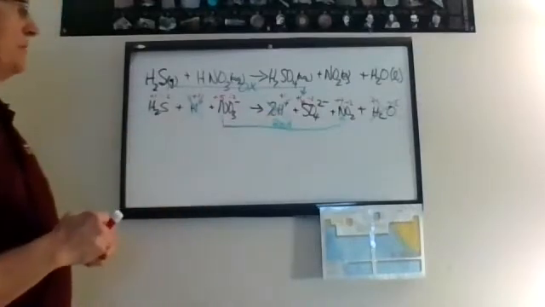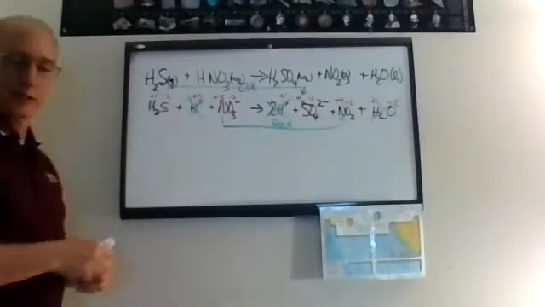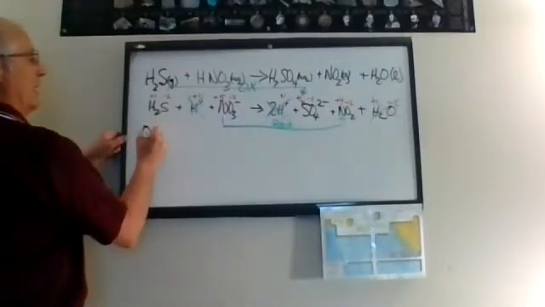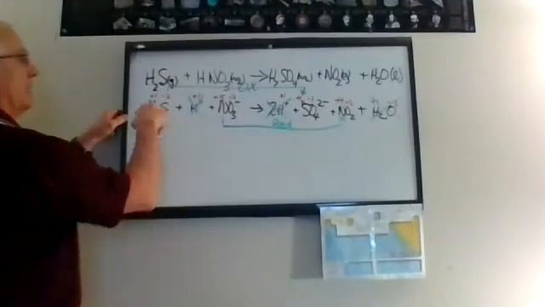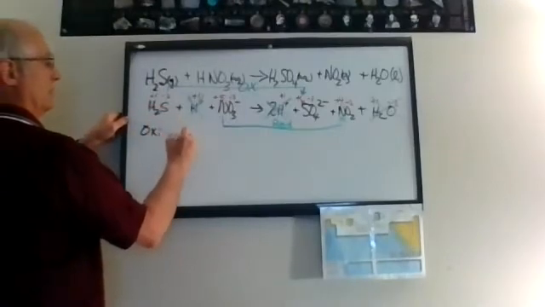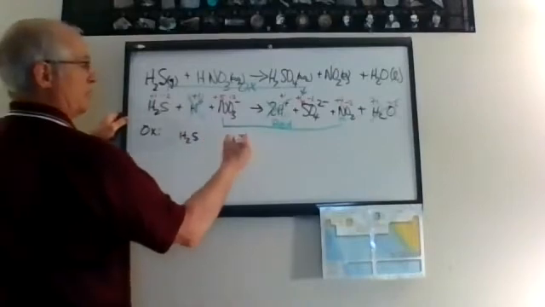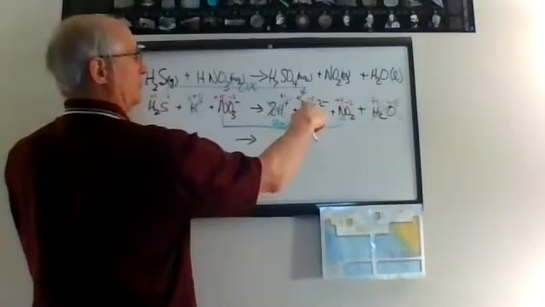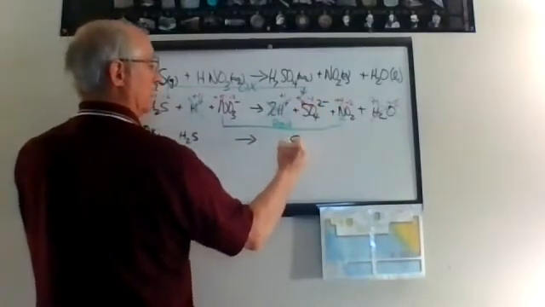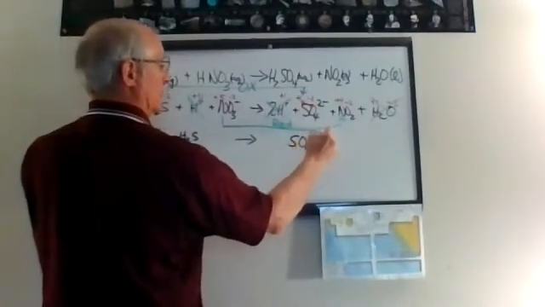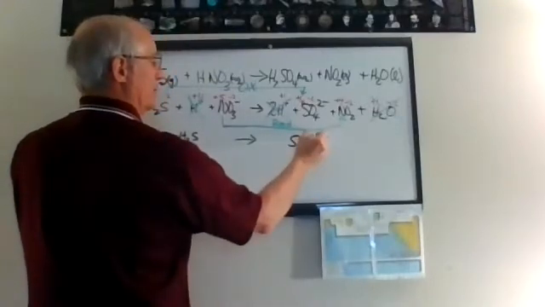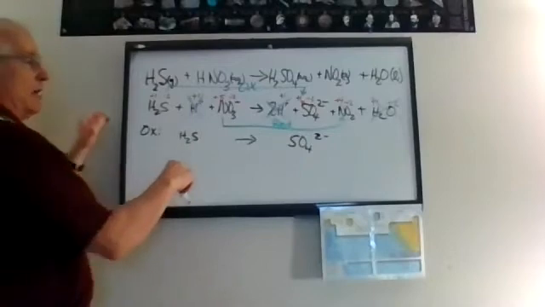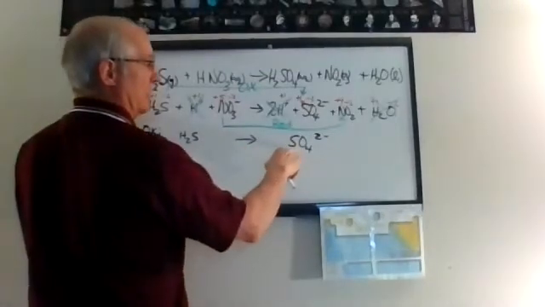Okay? And so now let's go for oxidation. The oxidation half reaction looks like H2S. Leave a bunch of space and put the arrow in the middle. And then SO4, 2 negative. What that means is that the hydrogen sulfide is being oxidized to the sulfate ion.